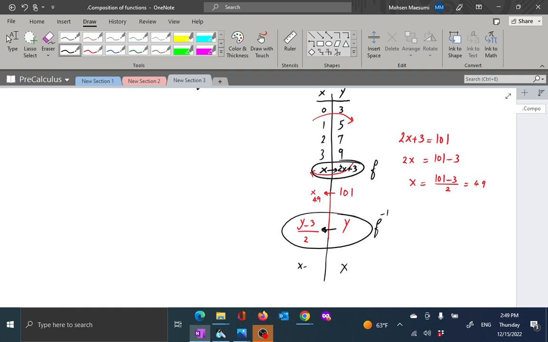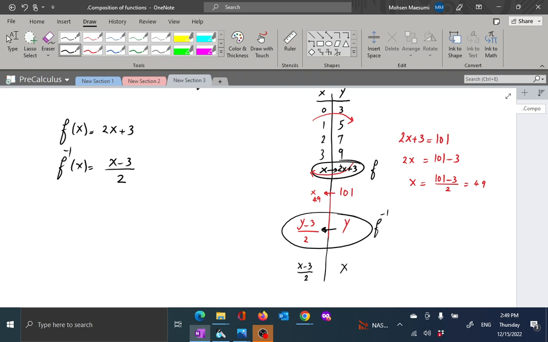There's no mathematical meaning to this. If it was X, then the output will be X minus 3 over 2. In short, if f of x is written as 2x plus 3, then f inverse of x by this reasoning will be x minus 3 over 2.